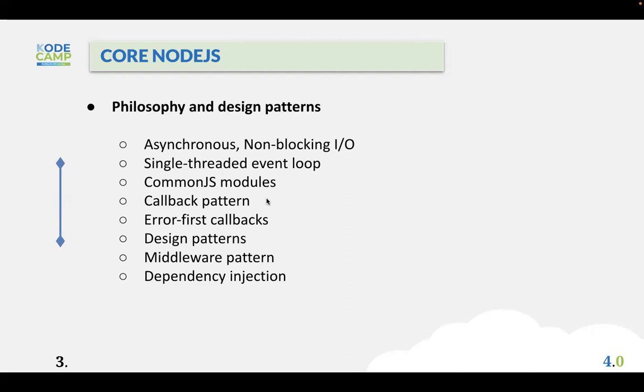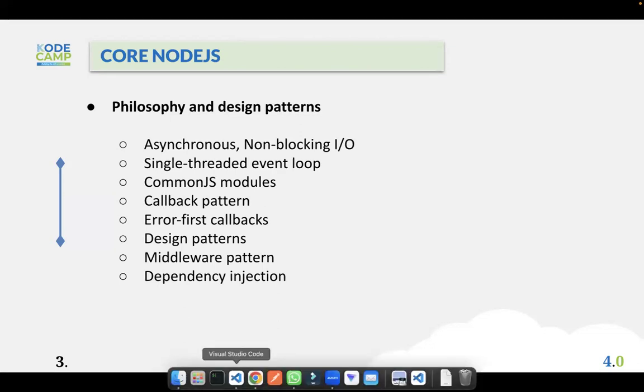So we have some alternatives to the callback pattern. These alternatives are promises and async await. Async await is still promises with a kind of added sugar. So promises provide a more structured way to handle asynchronous operations instead of using the traditional callbacks.